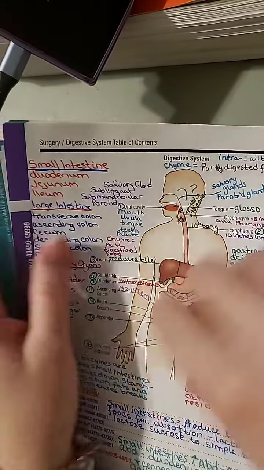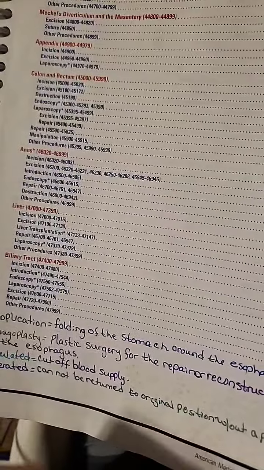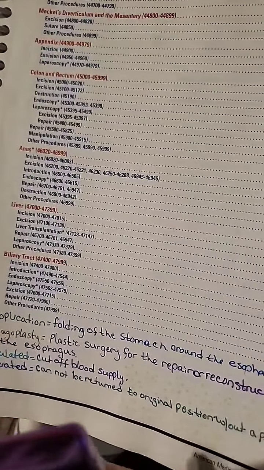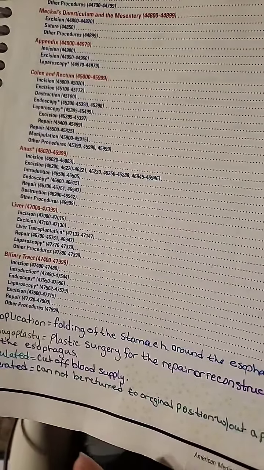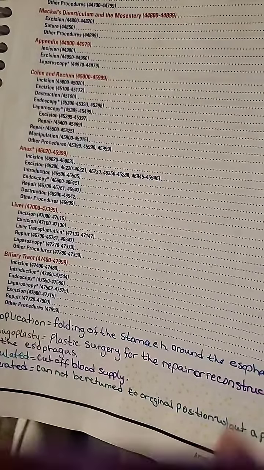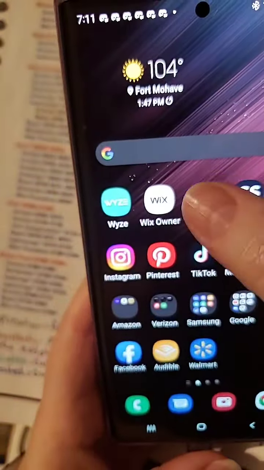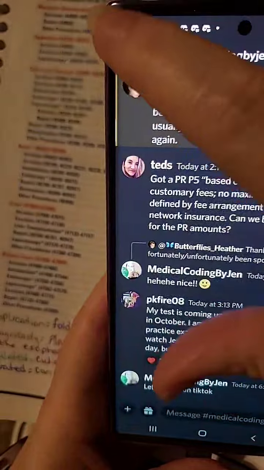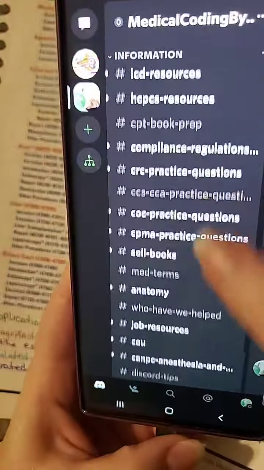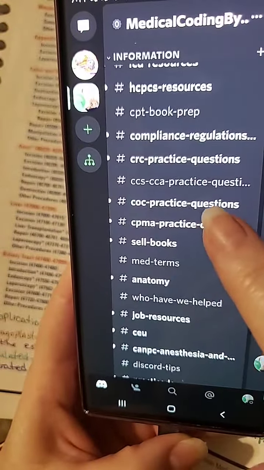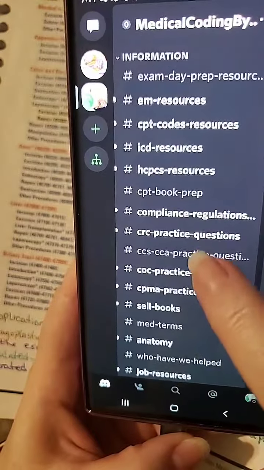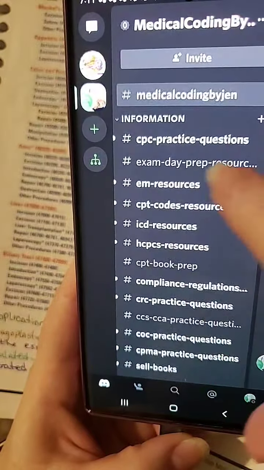We've got pictures of all this stuff and how to do it in our Discord group. If you haven't joined that yet, it's super, super helpful. You just download the Discord app, and I have practice exam rooms for whatever certification you're getting into, even the CCS people, CRC, whatever.